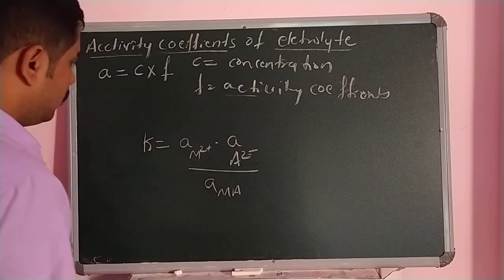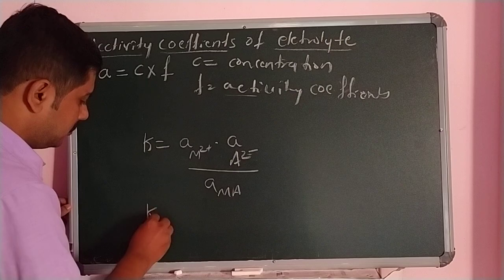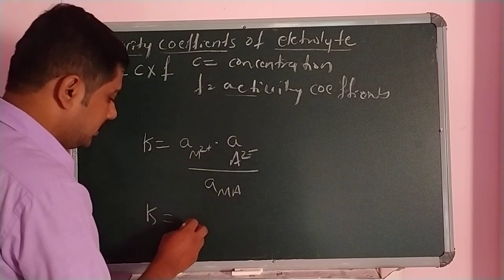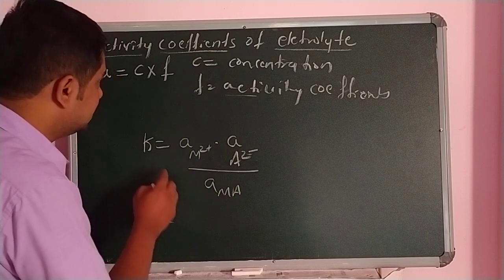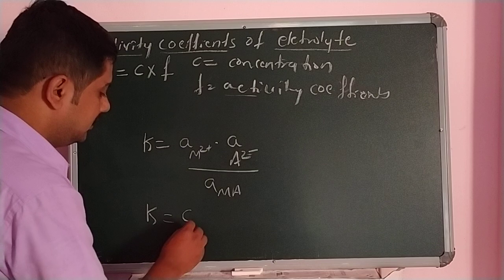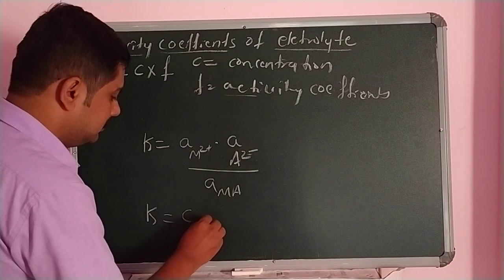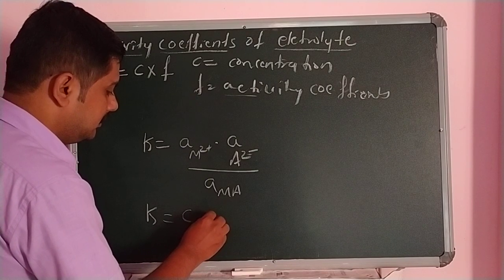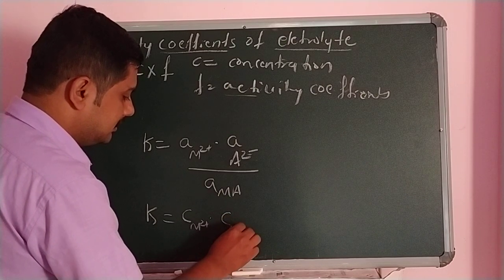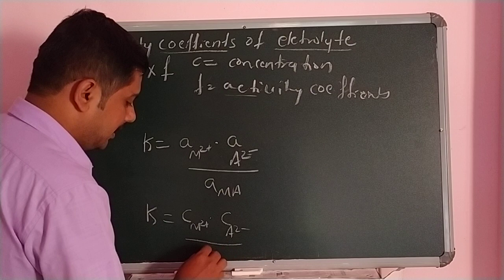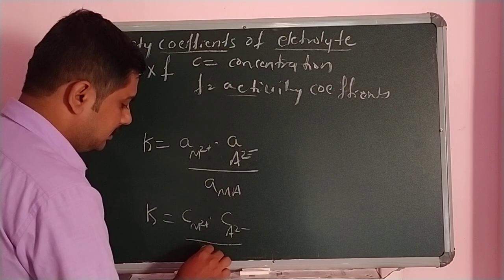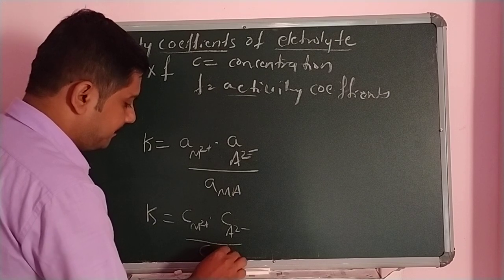Now K is equal to, here a is equal to C into f. Now I will consider C of M^z+ into C of A^z- divided by C of MA concentration.